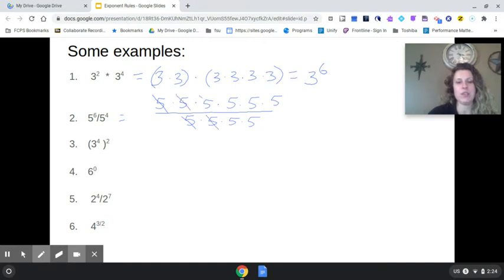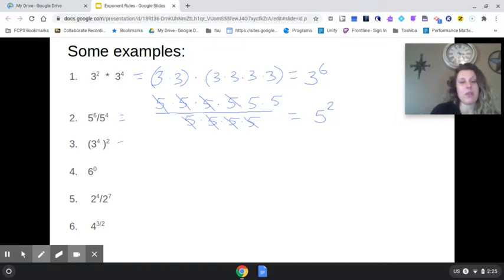So if we continue to divide those 5s out, we see that all of the denominators were canceled, and 4 of the numerators were canceled, but we still have 2 5s that we're multiplying together in the numerator. So that's going to be equivalent to 5 squared. Again, notice the exponents. We had 5 to the 6th power divided by 5 to the 4th power. If we subtract those exponents, we see that we get 5 to the 2nd power. So again, that demonstrates why that quotient rule is what it is.